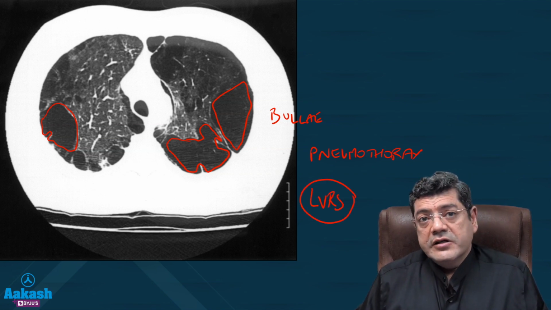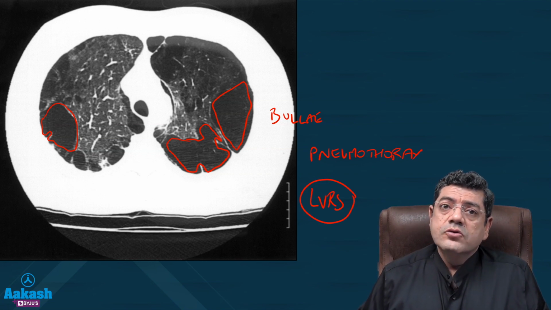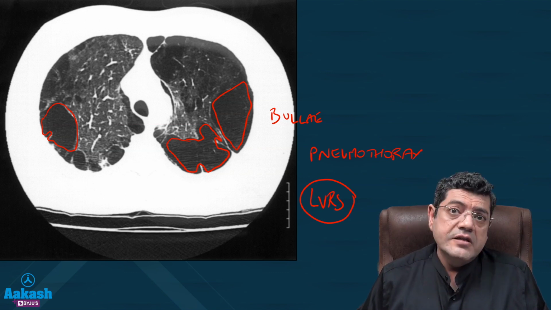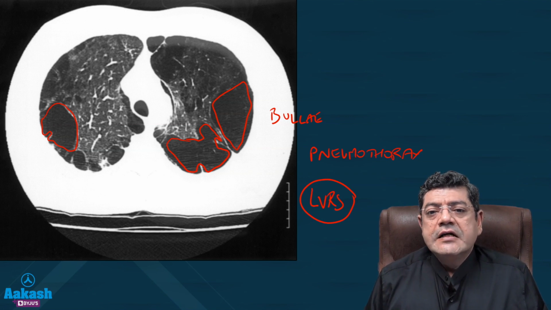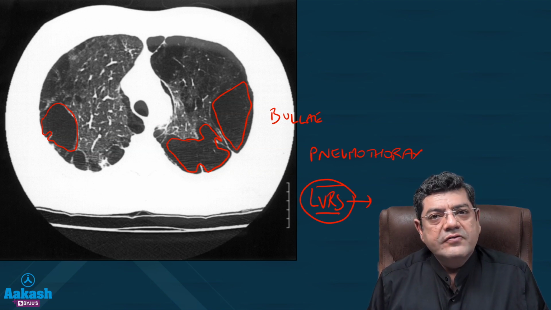It's very uncommonly practiced, but it's a very useful method to improve survival in COPD. There are only 3 methods which improve survival in COPD, right? So a CT assessment is essential to tell us which patients are appropriate candidates for such a procedure.